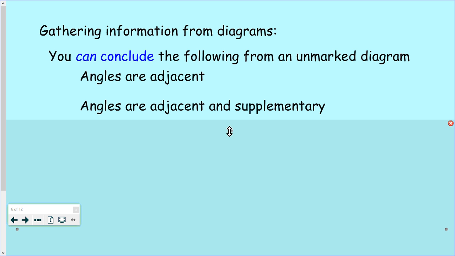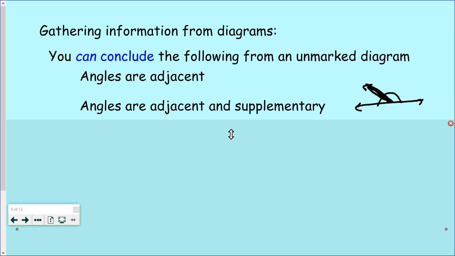We can also identify angles that are adjacent and supplementary in a diagram such as this. They're adjacent because they share this side, and they're supplementary because they make a line.